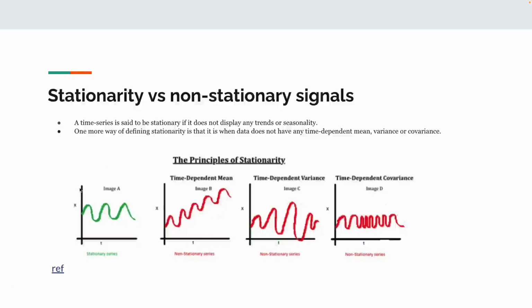If it doesn't show any trend or seasonality, then it's considered a stationary signal, and the opposite: if a signal either shows a trend or has a seasonality aspect, we call it a non-stationary signal. One more way of defining stationarity is when data doesn't have any time dependent mean, variance or covariance.